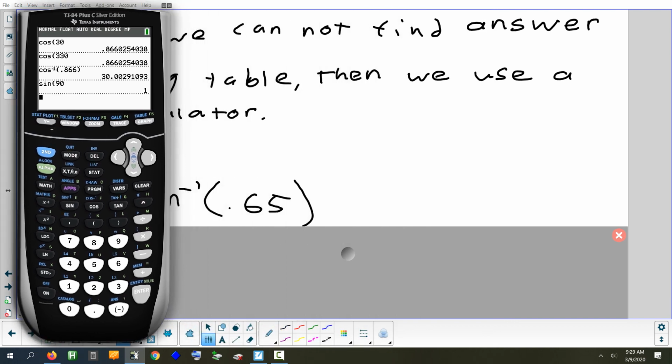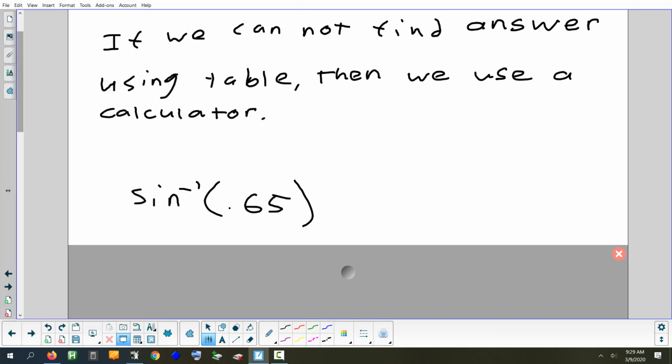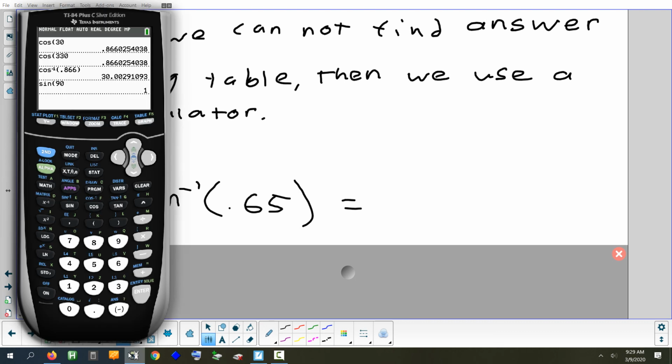Okay, so if I wanted to type in inverse sine of 0.65, I'm going to do this problem two different ways. First way I'm going to do it, my calculator is set up for degrees. Because remember, when you do inverse trig and you hit enter, that number that you get on the screen is an angle. Angles have to have some kind of label. Radians or degrees is the only two that we use in this class.